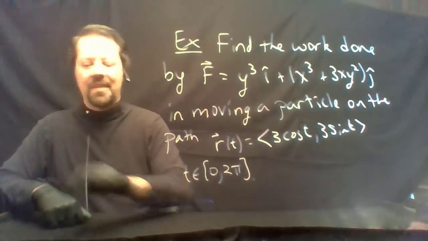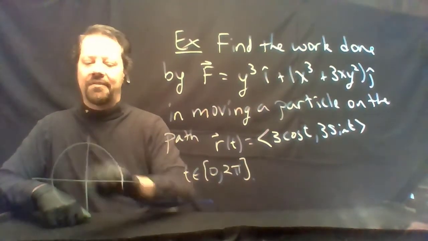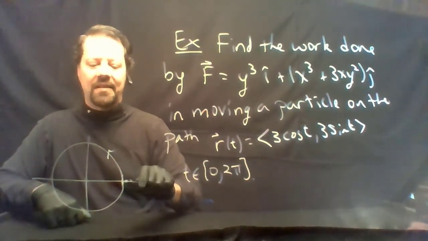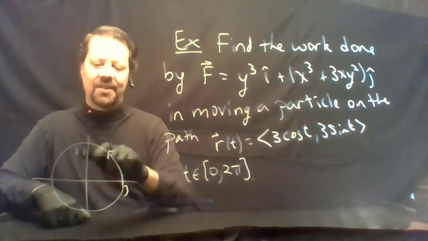In other words, we're going to go on the circle of radius 3, and we'll go in this orientation.